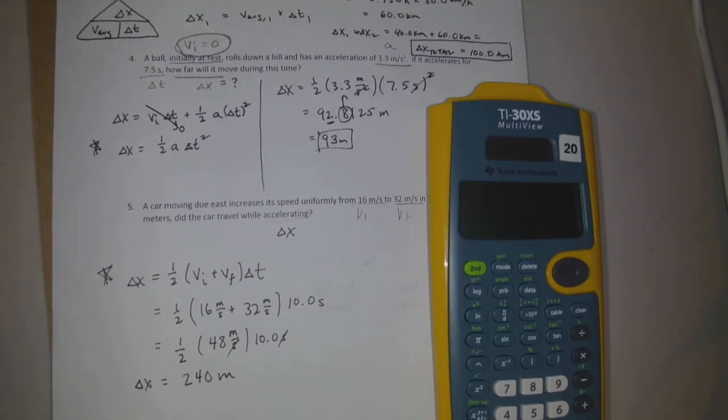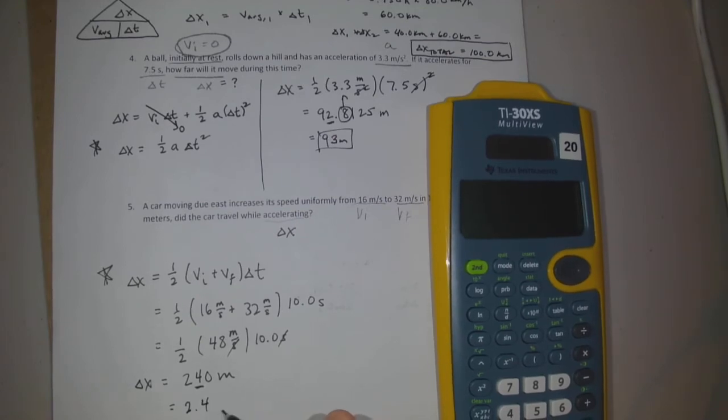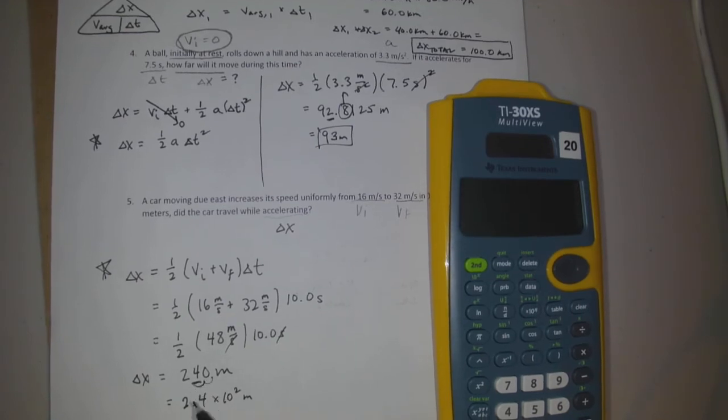One final detail and one note is we have two significant digits times 3. So I could indicate this is the last significant digit, or I could convert it to scientific notation. 2.4, not 2.40, 2.4 for two significant digits times 10 to the 2 meters. 10 to the 2 from this reason. 1, 2.